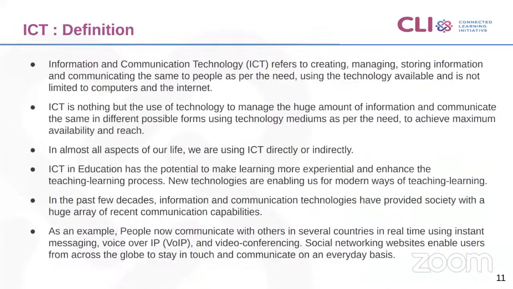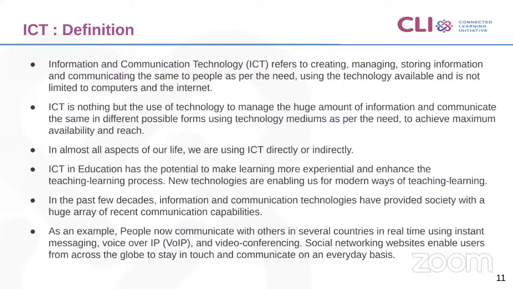So the things I told you in the past, I'll bring them together and explain. ICT is creating, managing and storing information and communicating the same to people as per the need. We use the technology available, and it's not just computers and the internet. There could be other technologies as well, like projectors.